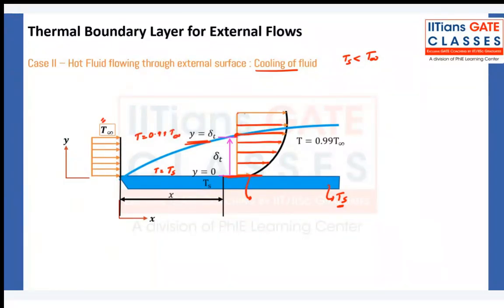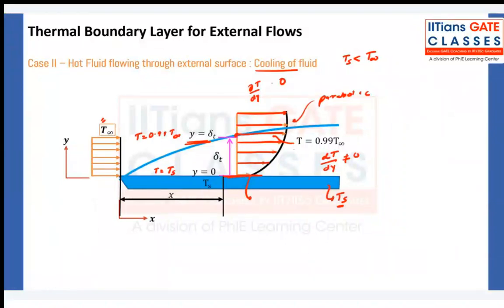So this is parabolic. Here at this point T equals T infinity. Inside this thermal boundary layer, dT by dy is not equal to 0. Outside, dT by dy is equal to 0. I'm sorry, I had written it wrong. It is equal to 0.